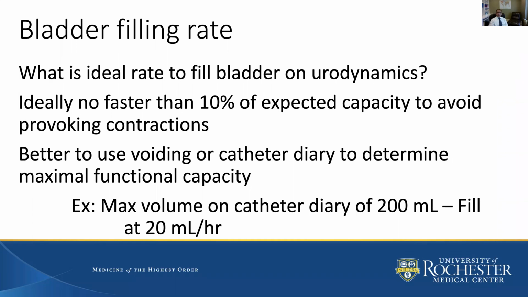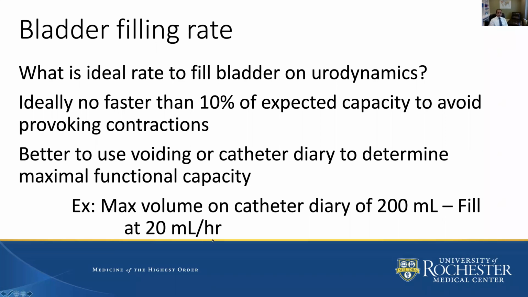So what is the rate of bladder filling? I know in adults, you usually fill at 50 ml per minute. In kids, we determine it by the expected capacity for age, and we start with 10% of the expected volume. Suppose the expected capacity of the kid is 200 ml, so you can fill at 20 ml per minute. Sorry, it's a typo.